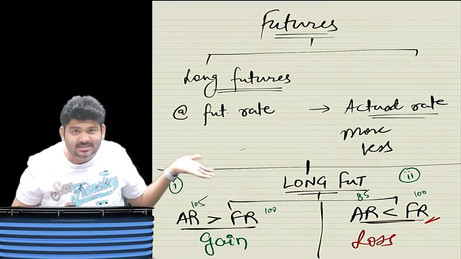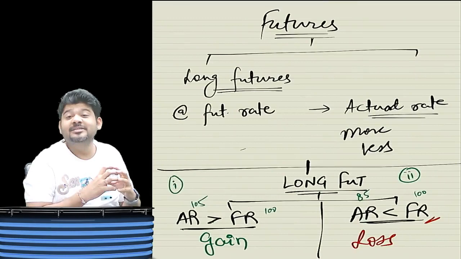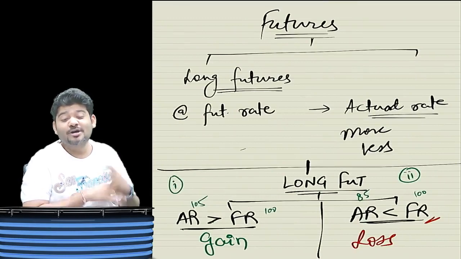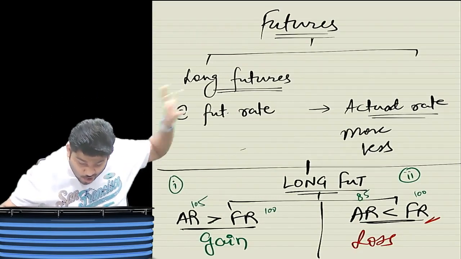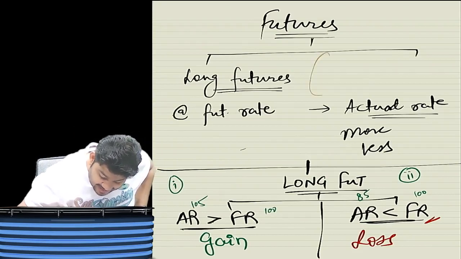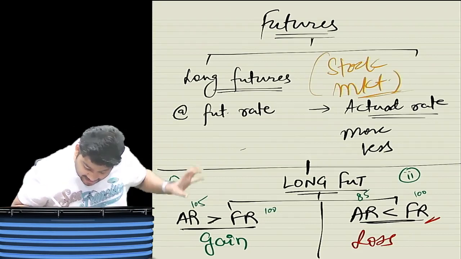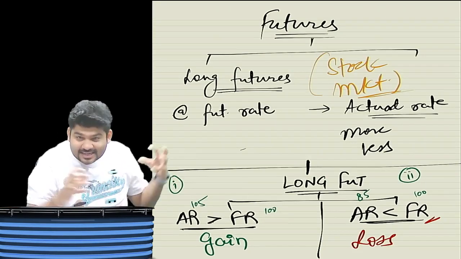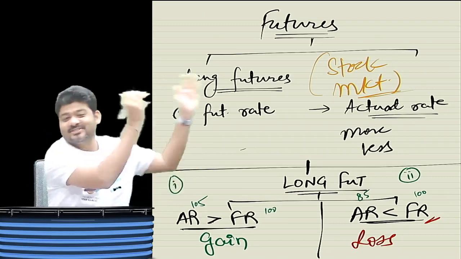Whereas futures, did you go to a bank for this? No. The intermediary here is the stock market. So where will you long this futures? You will not go to HSBC or any bank. You will go to the stock market, and the stock market will automatically give the net settlement to you.